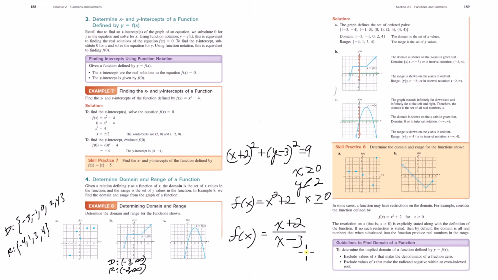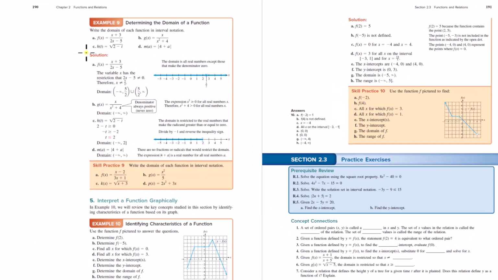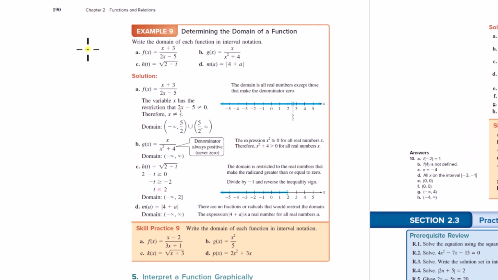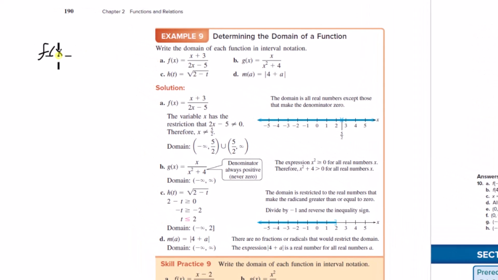Okay, so if we look here, let's start with this function here. What's the domain of this function? Well, there are no manual restrictions that were applied externally. So we can start by assuming you can input anything.